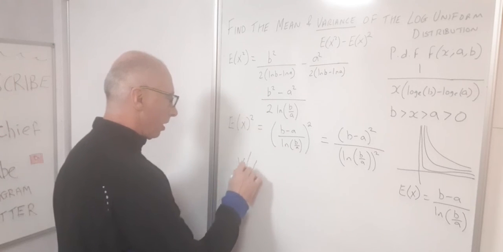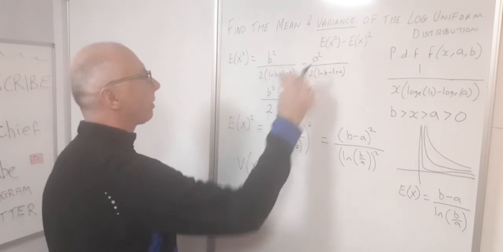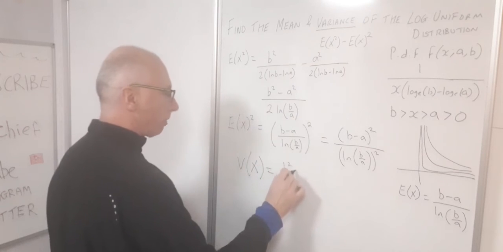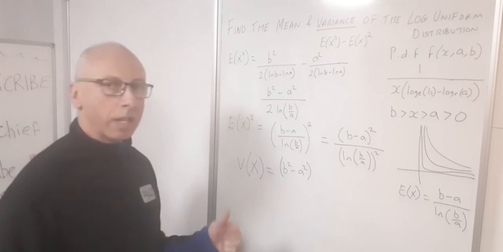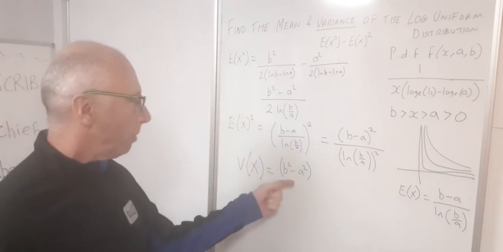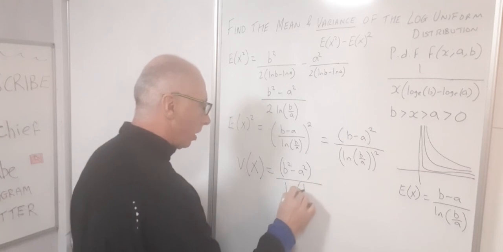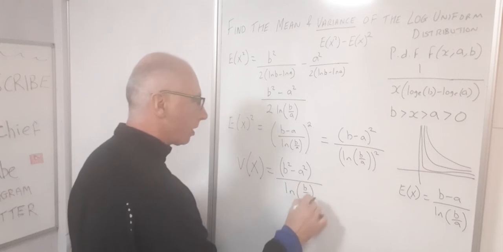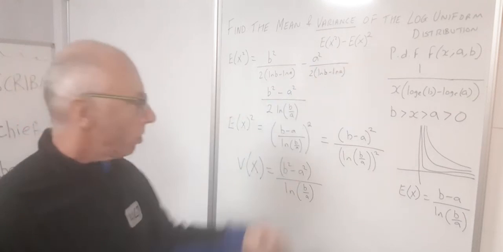So my V of X, that's my variance, is this term here. So that's my E of X squared. So b squared minus a squared, so I'll put that in brackets. I could also say that as b minus a times b plus a, but I'm just going to leave it like that for now. And then I've got the natural log of b over a. And then I'm going to subtract this term here for my E of X squared.